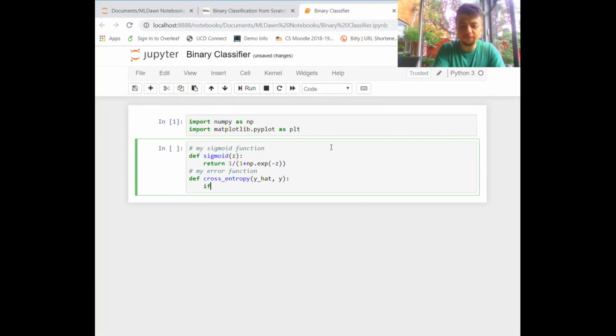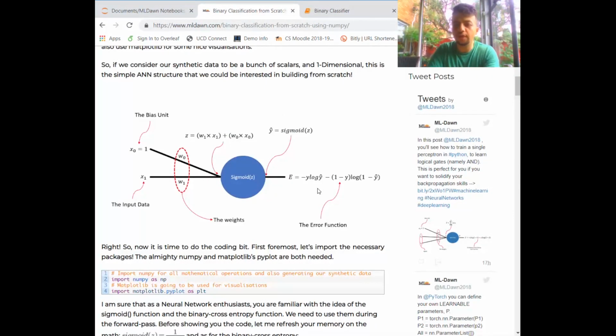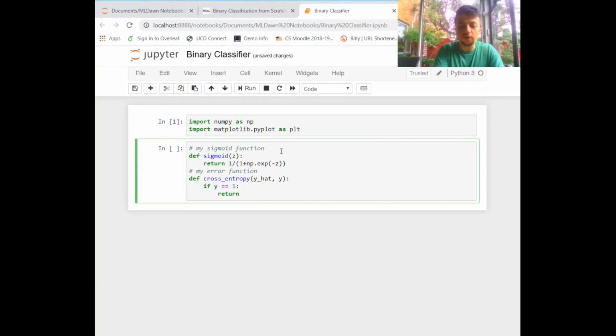So it's simple. If your ground truth equals 1, the term that you're going to have to return is minus log of your prediction, right? So that would be return minus np.log, as I said, the logarithm with the natural base, of your prediction, which is y hat, right? Else, or you can say elif y is equal to 0.